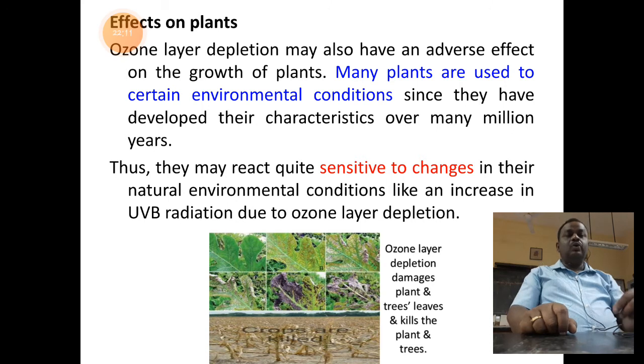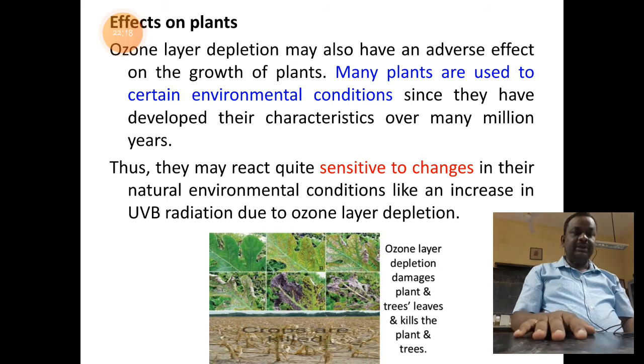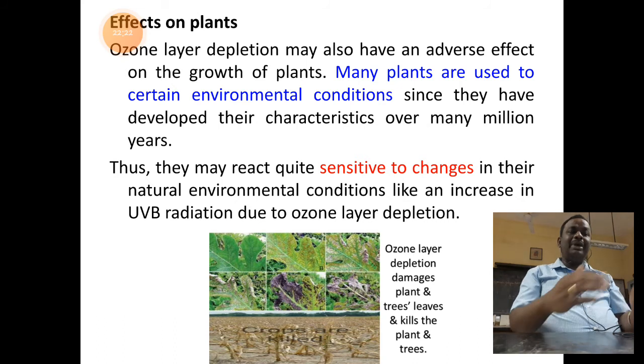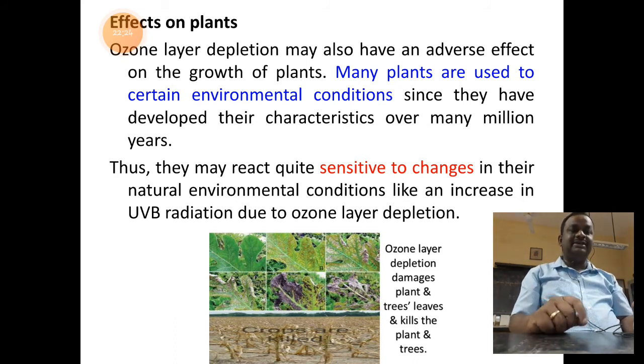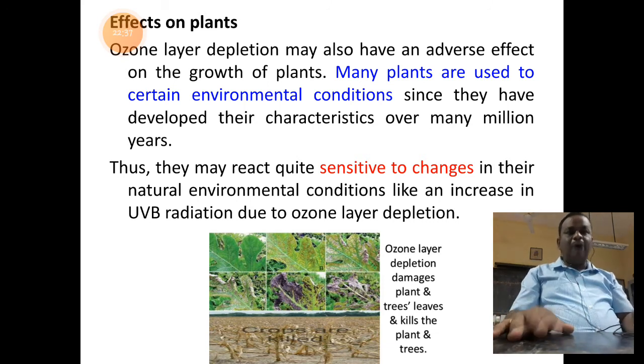Next, ozone layer depletion affects the crops and the croplands together. Thereby, crop yield is affected, crop quality is also affected, which is mainly due to mutation of DNA or genes in them due to UV irradiations. Down in the picture, we can see how sensitive these plants are.